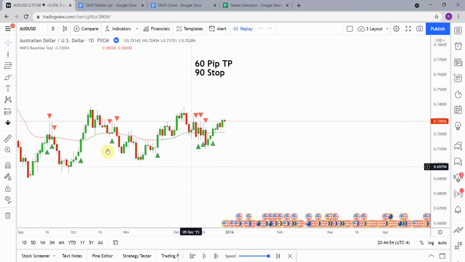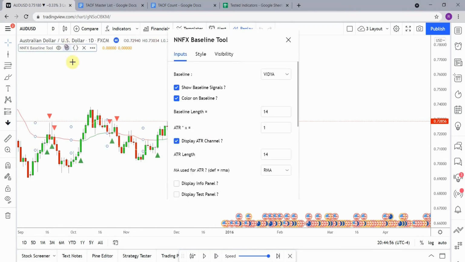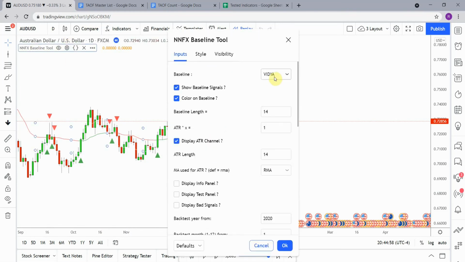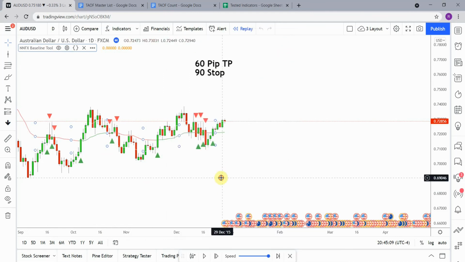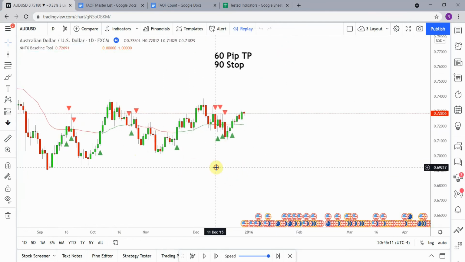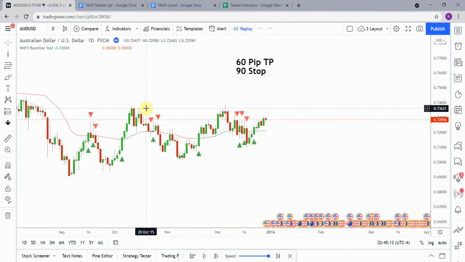And so the one we are going to test this time is the VIDYA indicator. That is the variable index dynamic average. And so that's what we're displaying on screen here. And what we're looking for, like I said, are these red and green arrows.